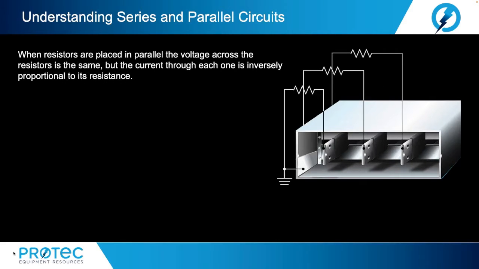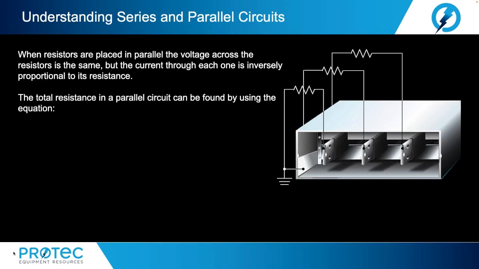But now let's also understand what happens when we measure resistances that are in parallel. When resistors are placed in parallel, the voltage across the resistors is the same, but the current through each one is inversely proportional to its resistance. The total resistance in a parallel circuit can be found by using the equation.